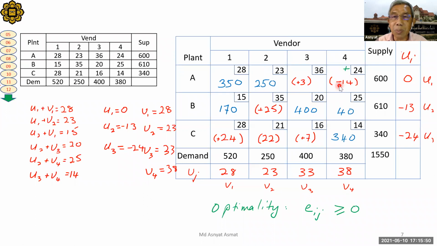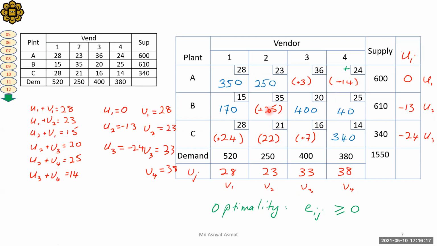How about from here to here? Then we bypass this 400, move to this one. Can we close back? Can come back here and then close. Remember, it starts from a non-basic cell, to basic, basic, and then close. Agree?